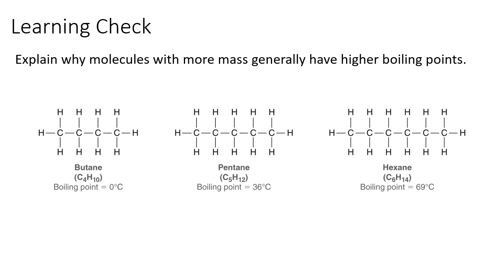Explain why molecules with more mass, or in other words, more electrons, have higher boiling points. So we just looked at butane on the last slide, which has 4 carbons in it, C4H10, and we're going to compare that to pentane, which has 5 carbons and 12 hydrogens compared to 10, and then hexane, which has 6 carbons and 14 hydrogens.